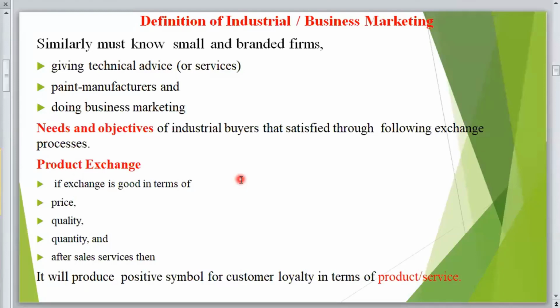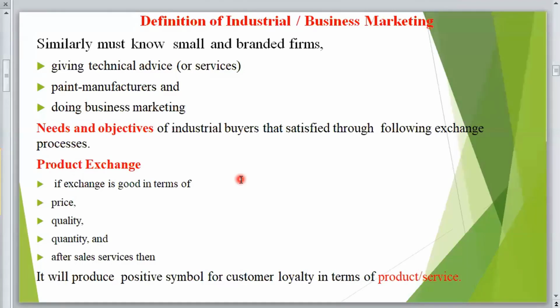exchange. Exchange is simply a process to conduct an exchange, so you need at least two parties, the buyer and the seller. There must be willingness between them and the ability to negotiate with each other.